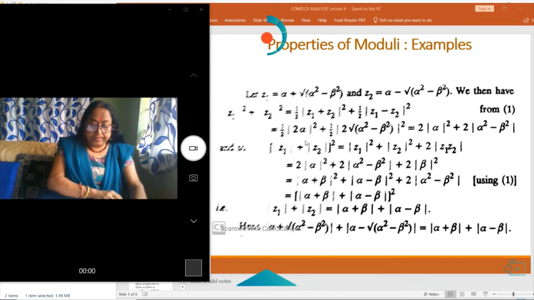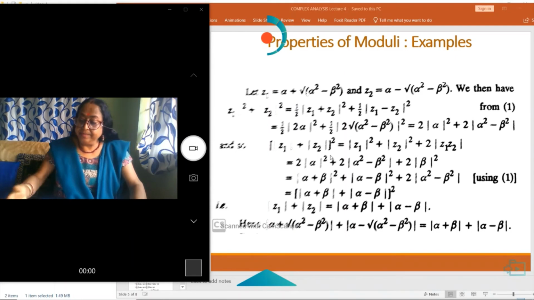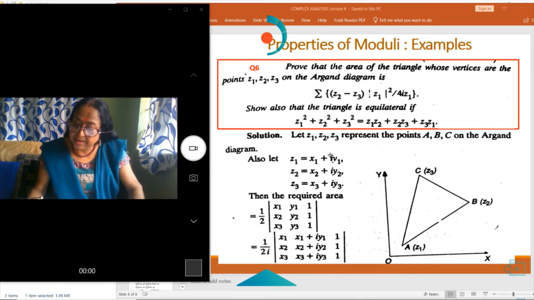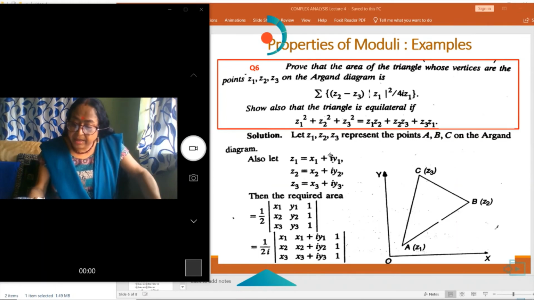Next, prove that the area of a triangle whose vertices are the points Z1, Z2, Z3 on the Argand diagram is given. Then prove that this one.